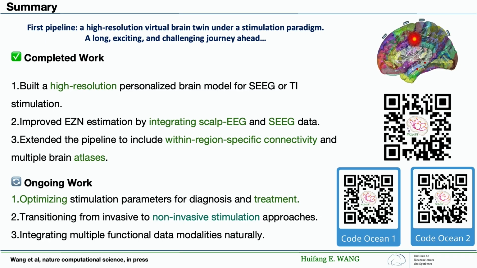Here we have high-resolution and personalized modeling for the stimulation, SEEG and TI stimulation. We can also put different modalities there, EEG and SEEG. You can also find that the local connectivity is heterogeneous, and different brain regions can change it. And if you want to try a different atlas, you can try it.